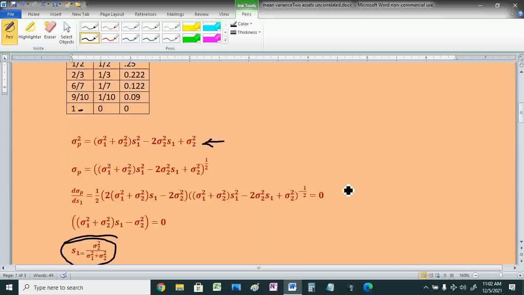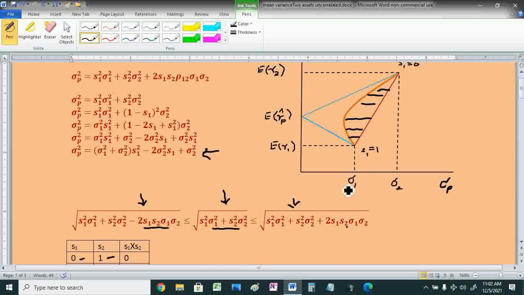So coming back to this first graph, see that if I have the correlation between these two assets such that the correlation is between -1 and +1. So this was the case where correlation was equal to 0.